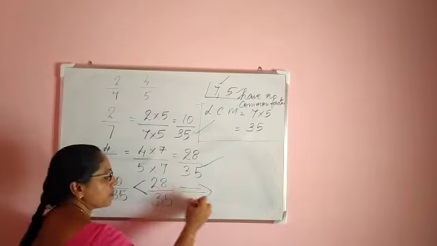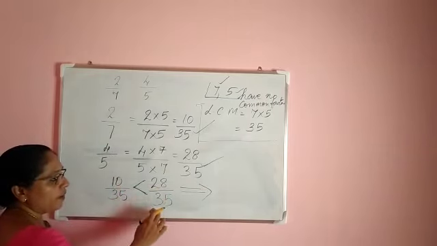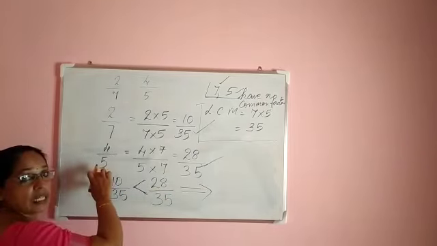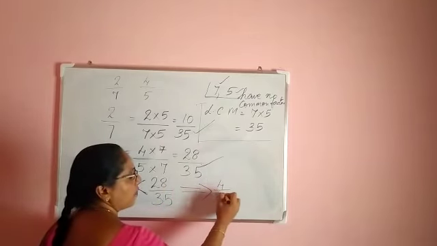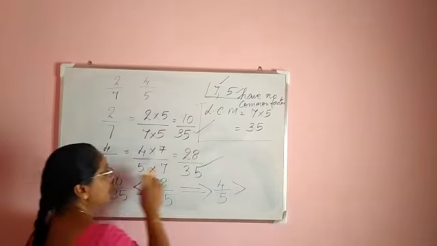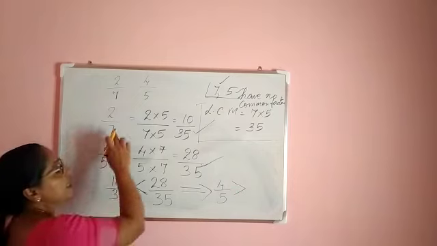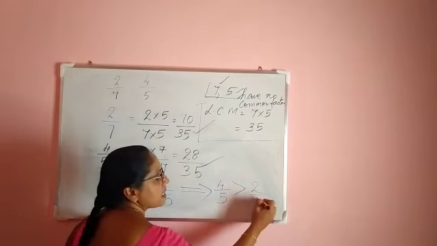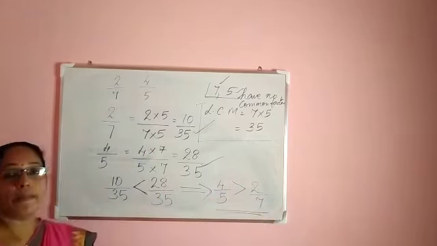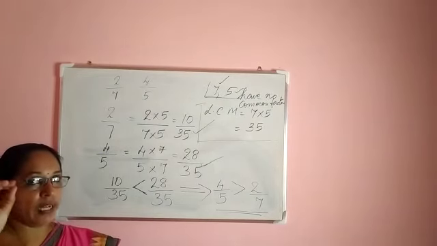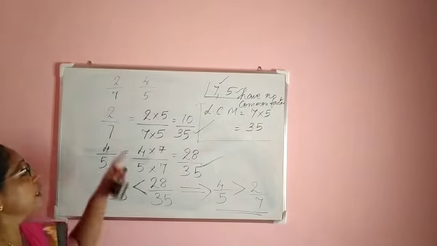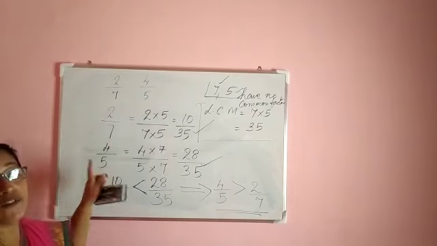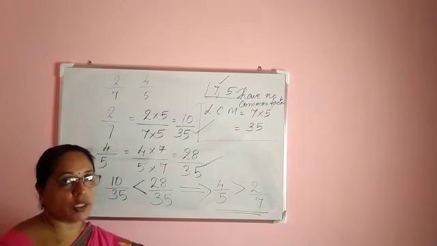Which is the original fraction of 28 by 35? That is 4 by 5. 4 by 5 is greater than 2 by 7. So this is the way we compare two fractions. For the comparison of two fractions, we need to change the unlike fractions into like fractions.